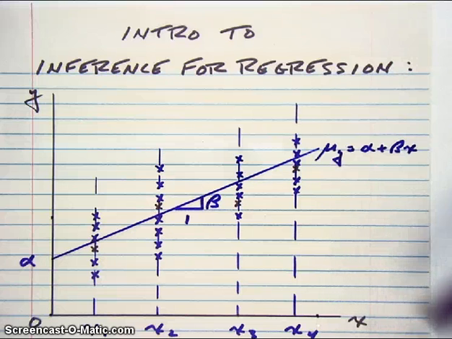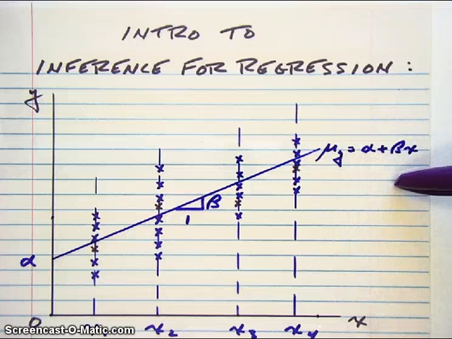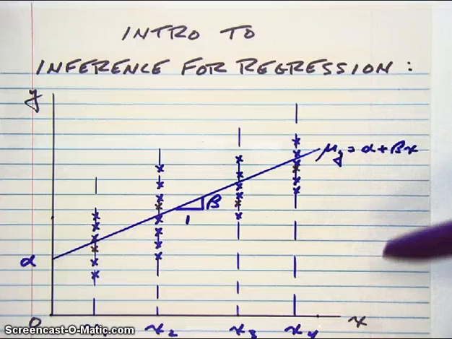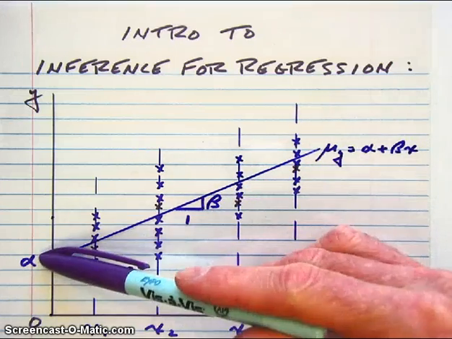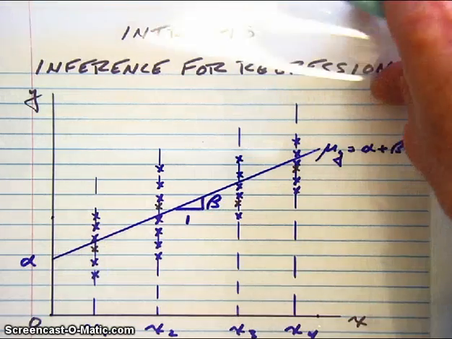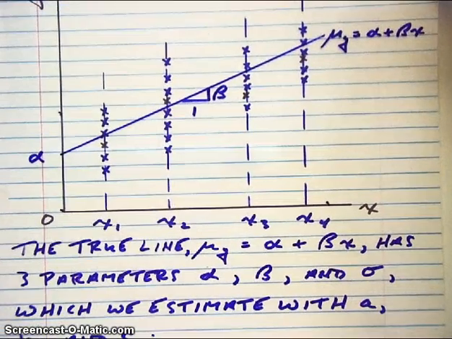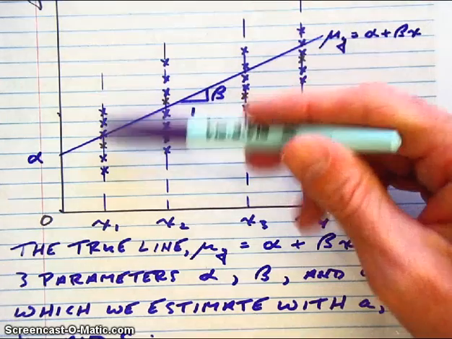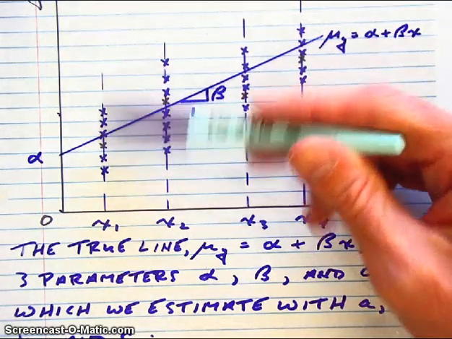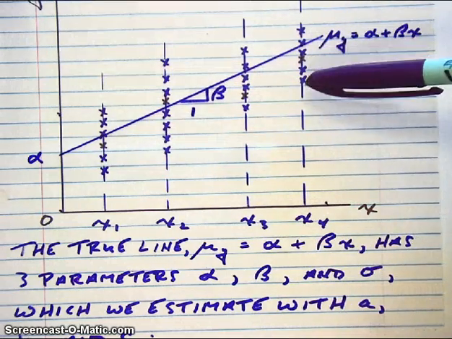And this true line, mu y equals alpha plus beta x, has a slope of beta and a y-intercept of alpha. There's one other parameter that applies here for this line, and that's this third parameter, sigma, which is the standard deviation of these distributions of y values for each x value.